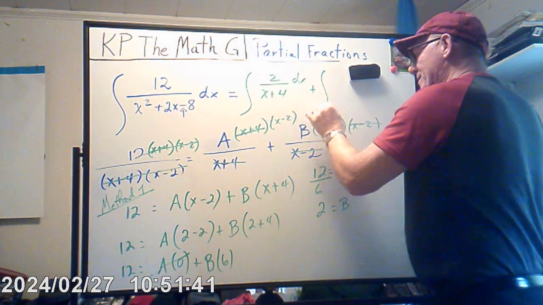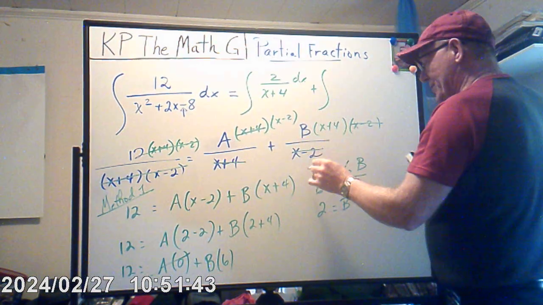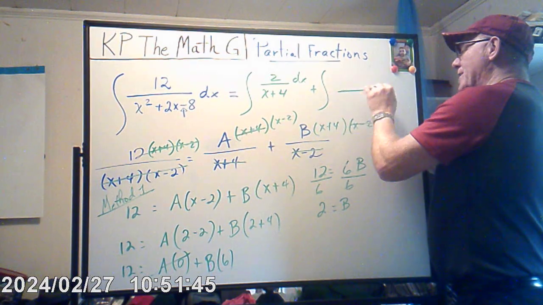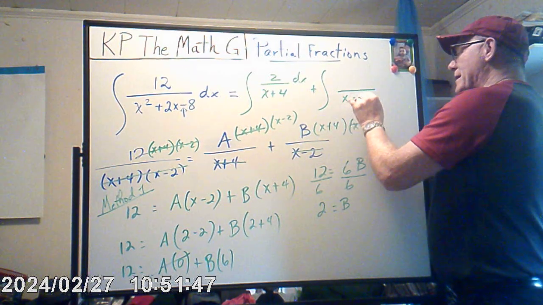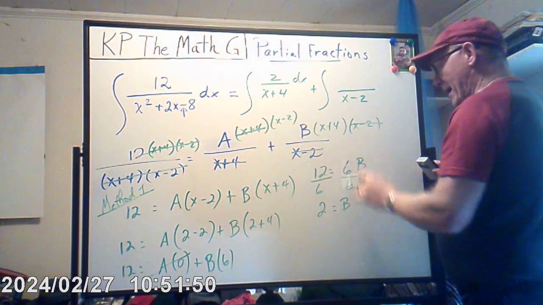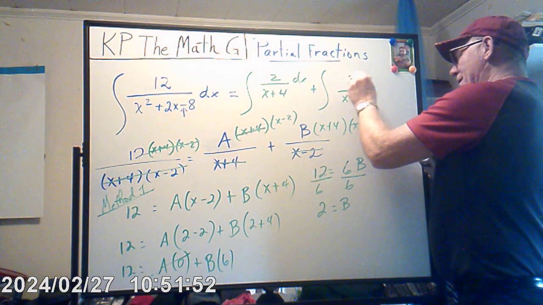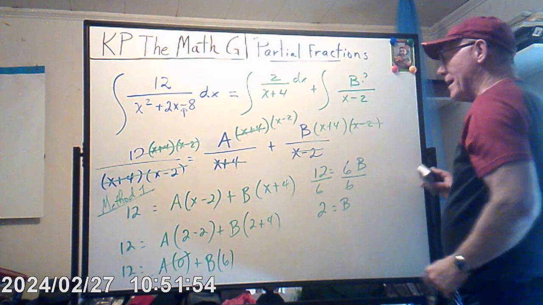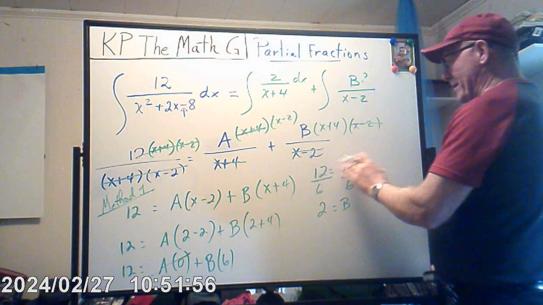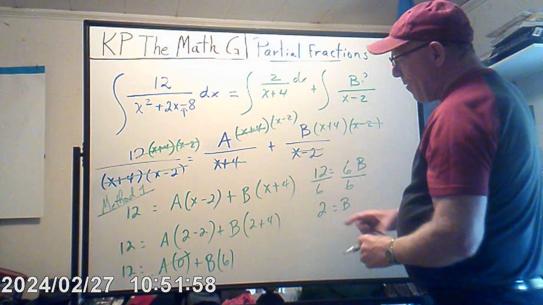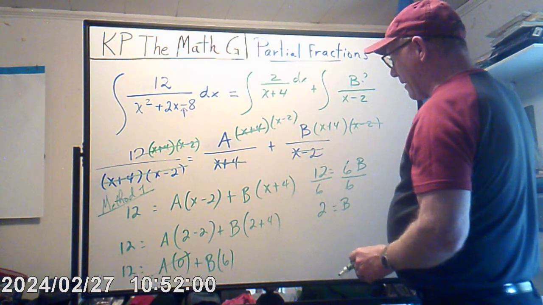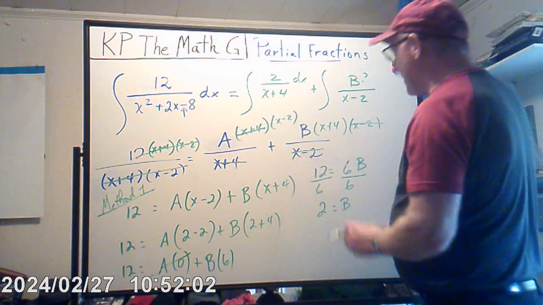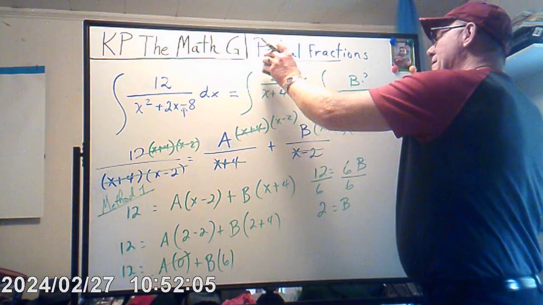Now plus, I'm going to have b over x minus 2. And all I need to do now is figure out, well, what is b now? We found a to be 2. Now we need to figure out, wait, was that b? b is 2. My goodness.